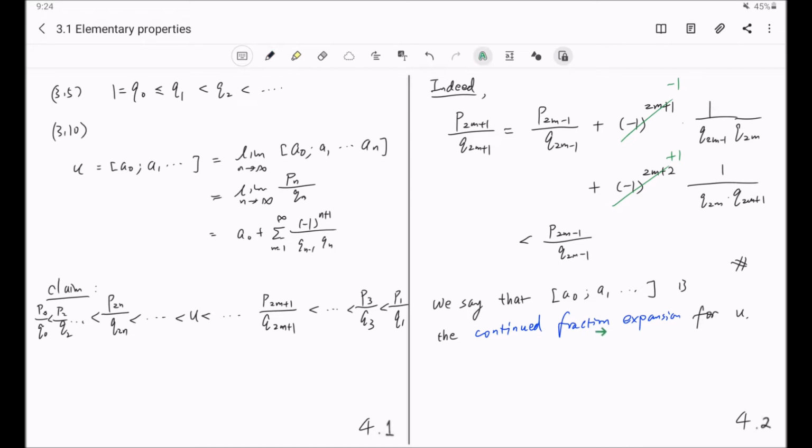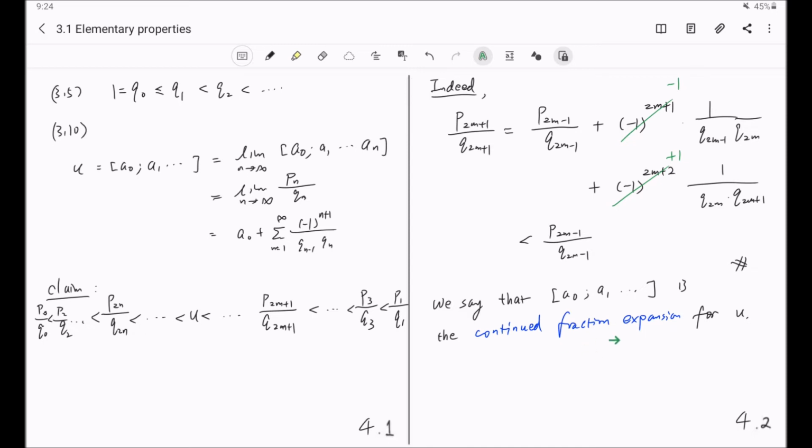And this name seems to suggest that the continued fraction expansion seems to be unique, and it always exists. And we will make this more rigorous in the lemmas below.